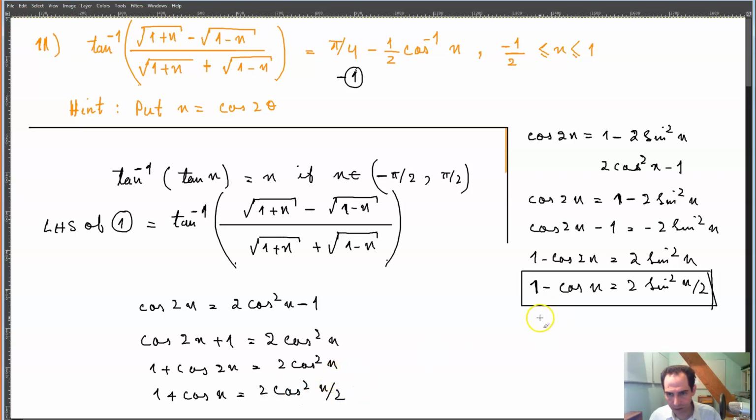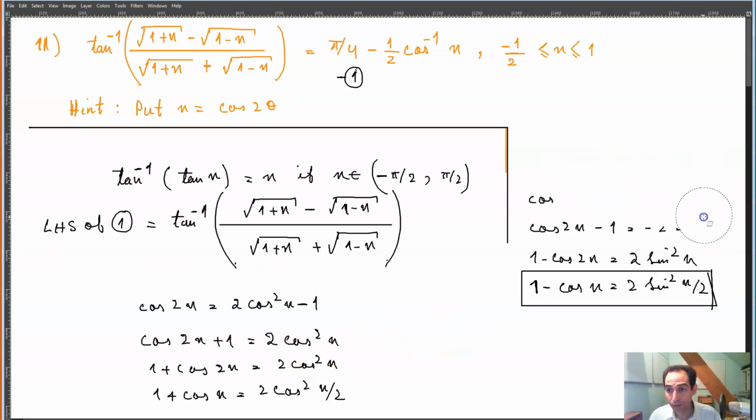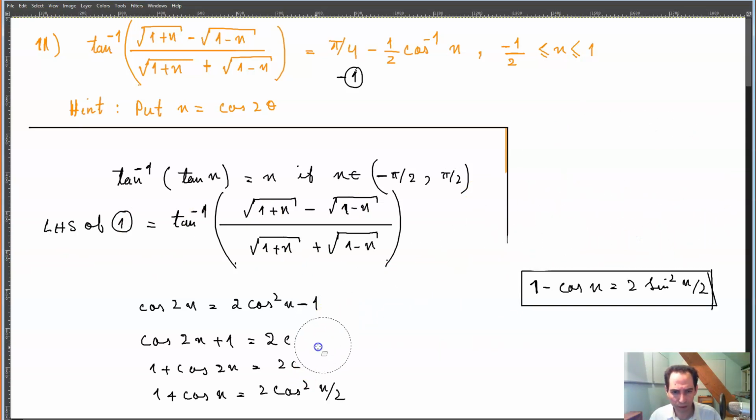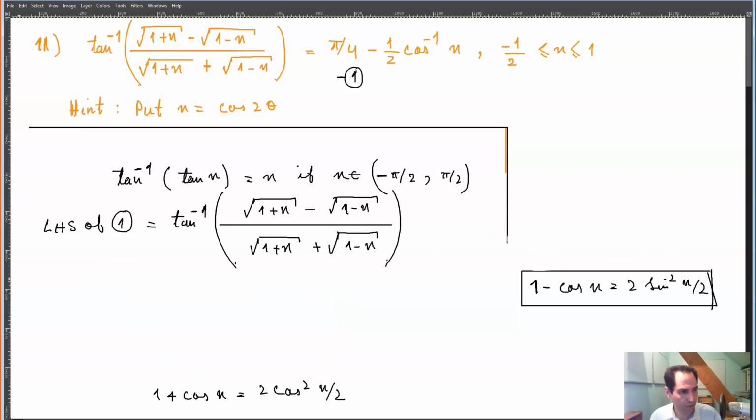So that is another formula that I can use here. So I write them over here so that we can use them. So 1 minus cos x is equal to 2 sine squared x divided by 2, and 1 plus cos x is equal to 2 cos squared x divided by 2.